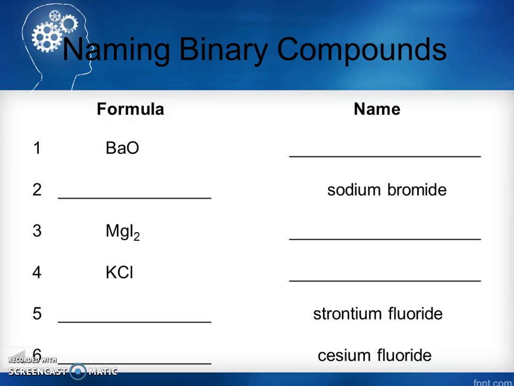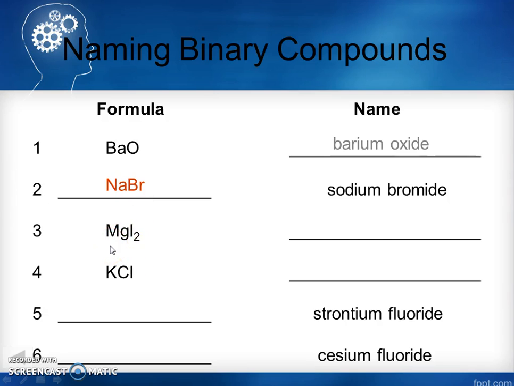Okay, hello, welcome back. So, Ba is barium, the oxygen changes to oxide. Next one is sodium bromide. You should have gotten a ratio of 1 to 1, NaBr.